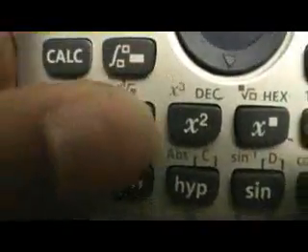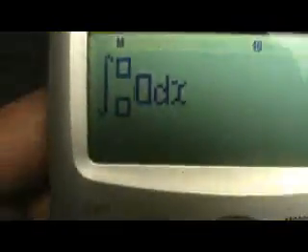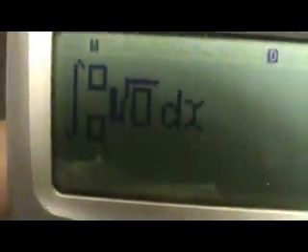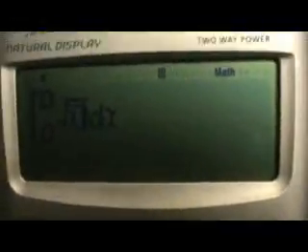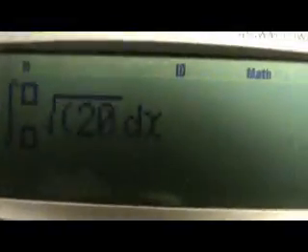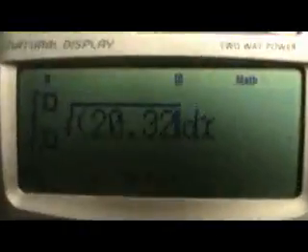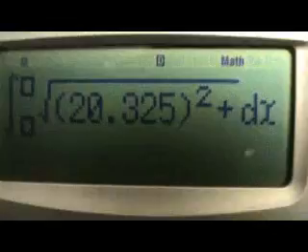So because doing this equation by hand is such a lengthy process, we're going to plug it into the calculator. So you get your integral sign, and then you enter the square root of, in the parentheses you put 20.325 squared plus parenthesis negative 32 times 0.738 parenthesis plus 15.873 parentheses squared.